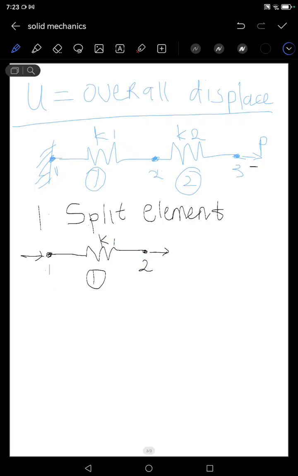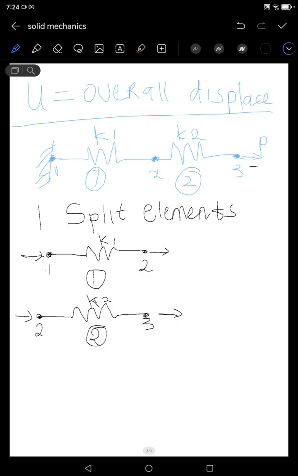Then we split the second element, K2, with another node. You see here the 2 is between K1 and K2, which means here we're also going to have node 2, and here node 3. The forces are moving to the right. This is our first step: we have to split into 2 elements.